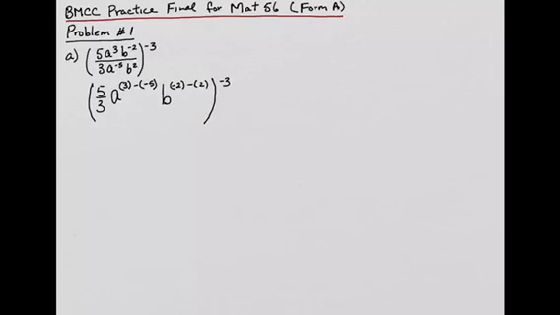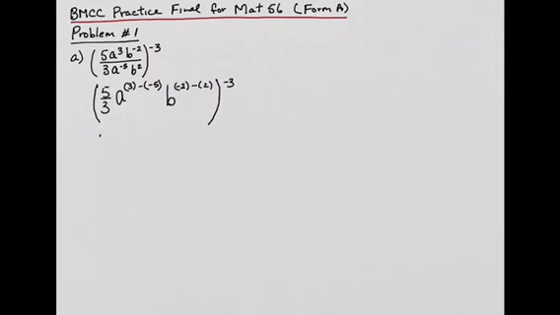Still simplifying inside of the parentheses, we have 5 to the third. The two negatives here become positive. So that gives me a to the 8th power, b to the negative 4 power, and everything to the negative 3 power.